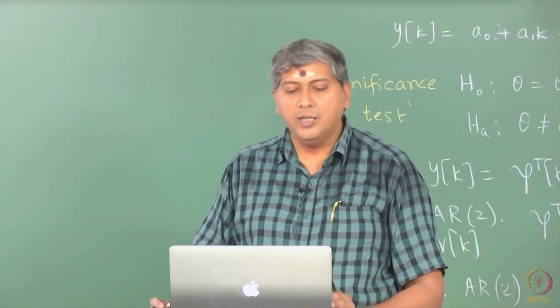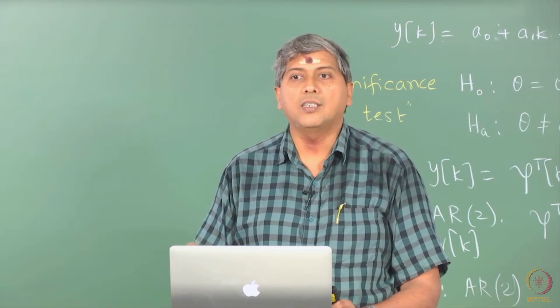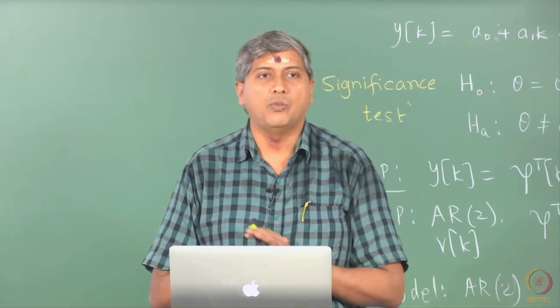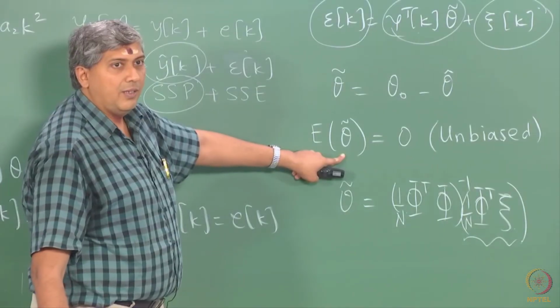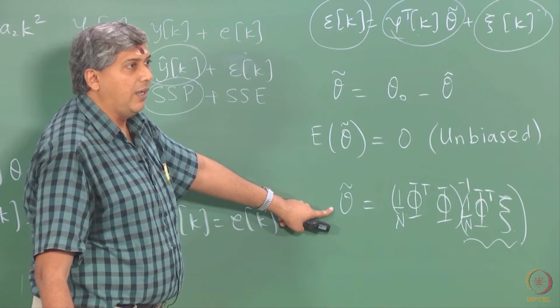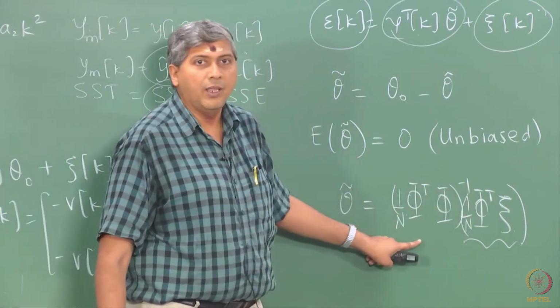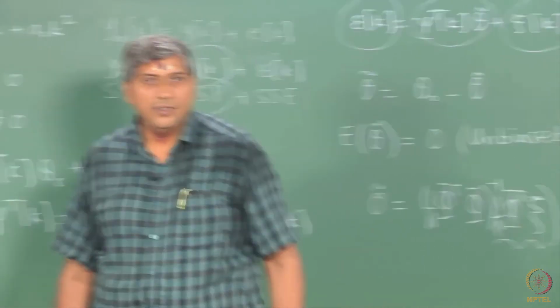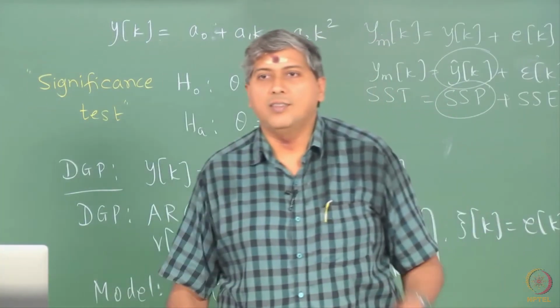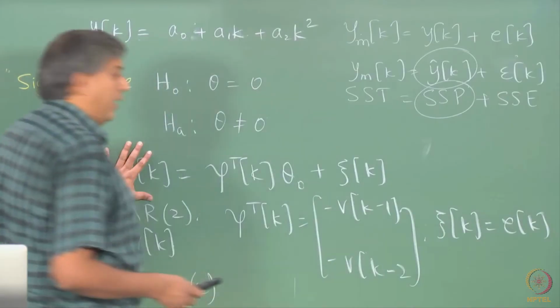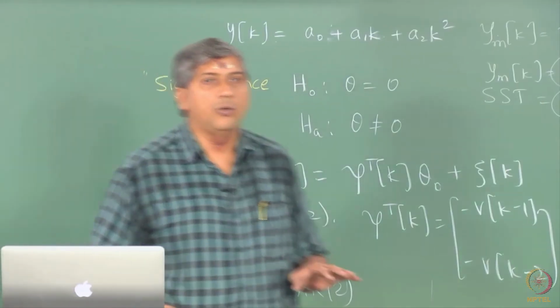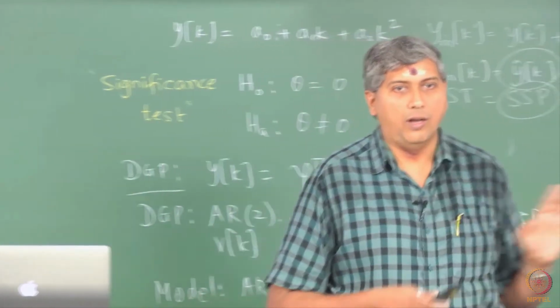Now, if you take the deterministic case, the condition for obtaining unbiased estimates is very straightforward, because you can look at this expression and this condition. So, if I take the expectation of theta tilde, since phi is deterministic, all that is required for unbiasedness is that the equation errors that are generating this data y, they should be 0 mean, that is all.